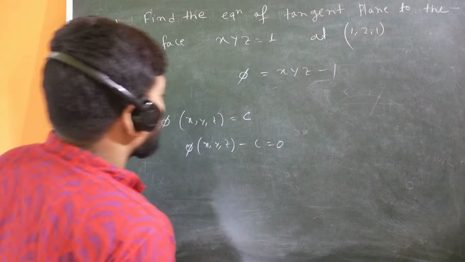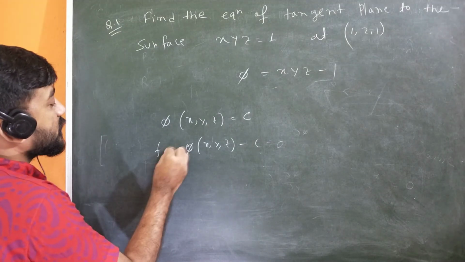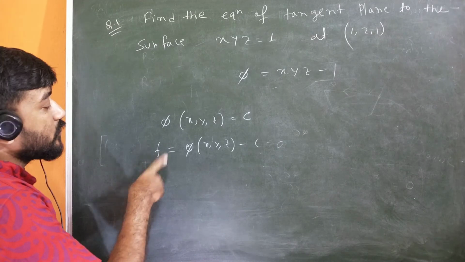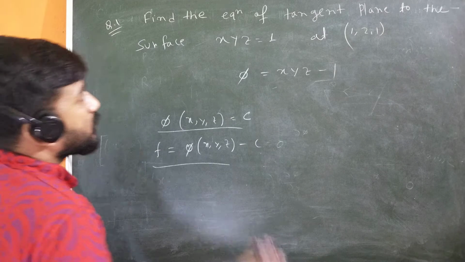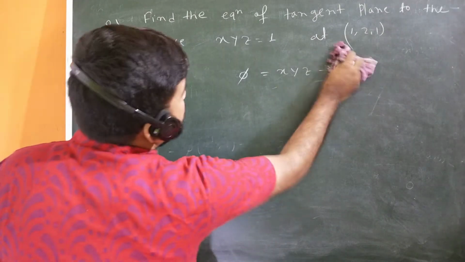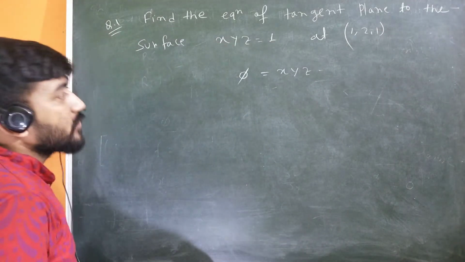Sometimes you can write it like f. I like to write it this way because I have defined it this way. So phi is equal to xyz.